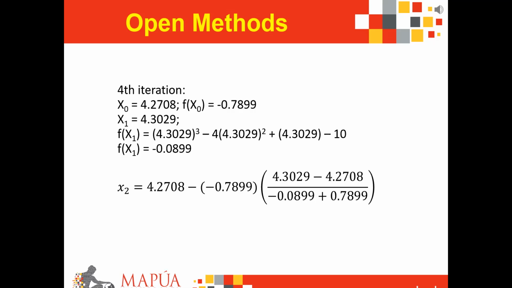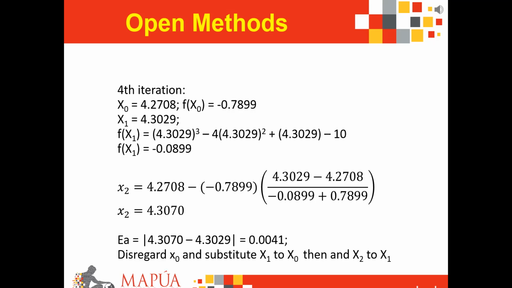Substituting these values into your iterative formula gives you 4.3070. And this time the absolute error is 0.0041. Hence, we repeat the process again, disregarding x0, substituting your 4.3029 from x1 to x0, and your calculated 4.3070 to x1.